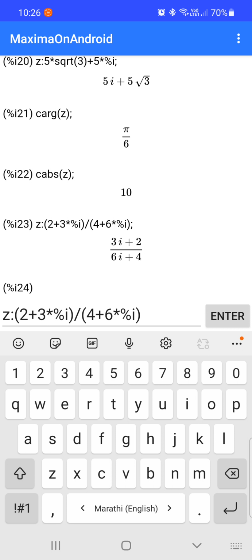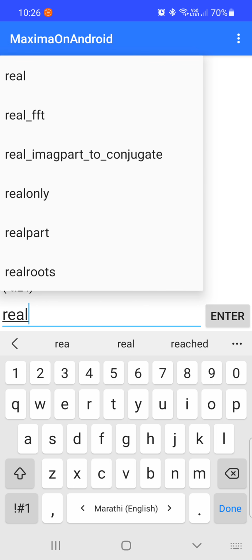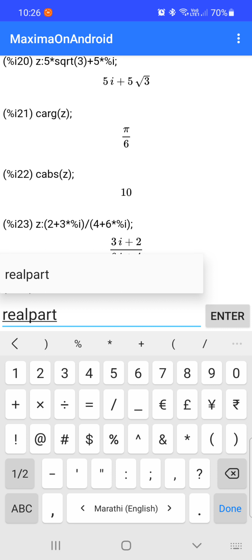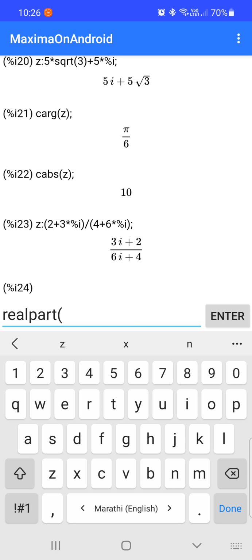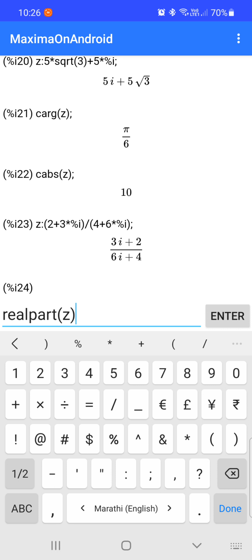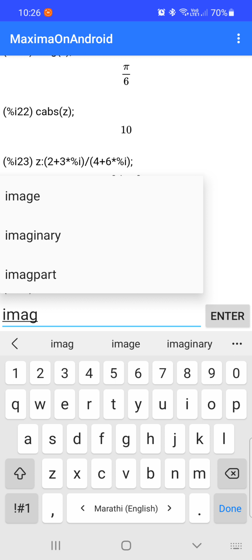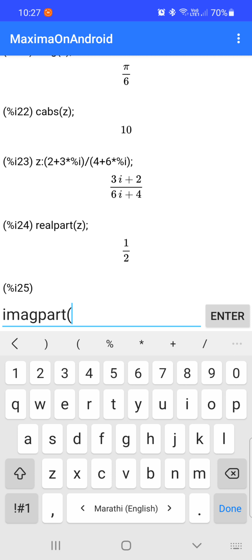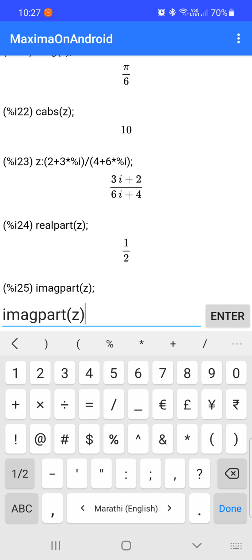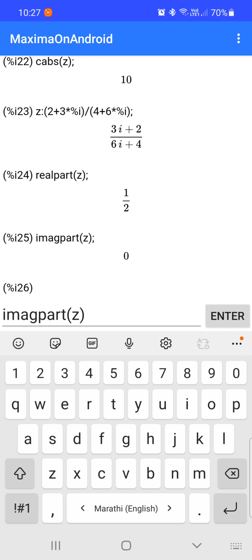So it is 3i plus 2 divided by 6i plus 4, and just enter the command realpart of the given complex number z. Then we get the real part of this complex number is 1 by 2 and the imaginary part of z is equal to 0.